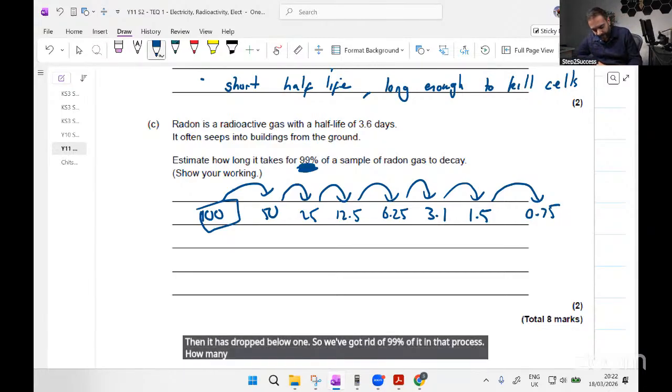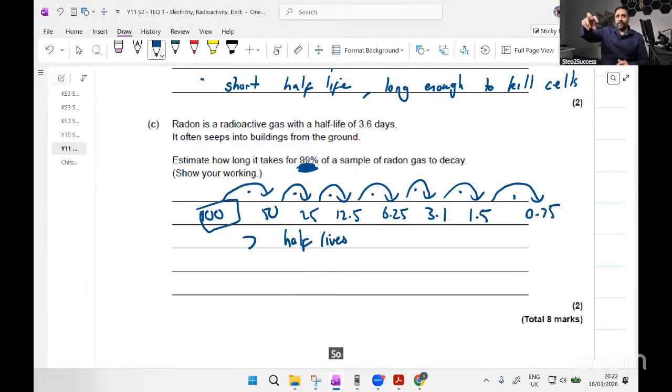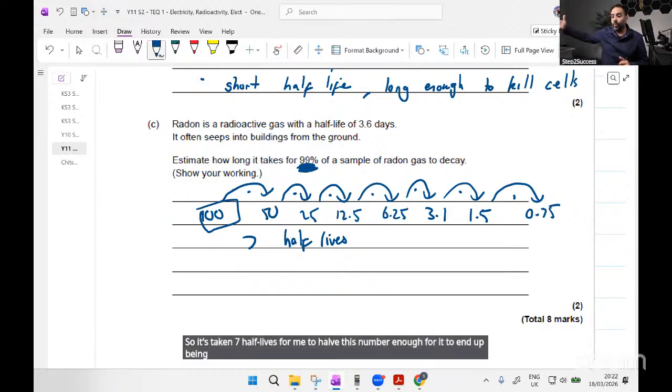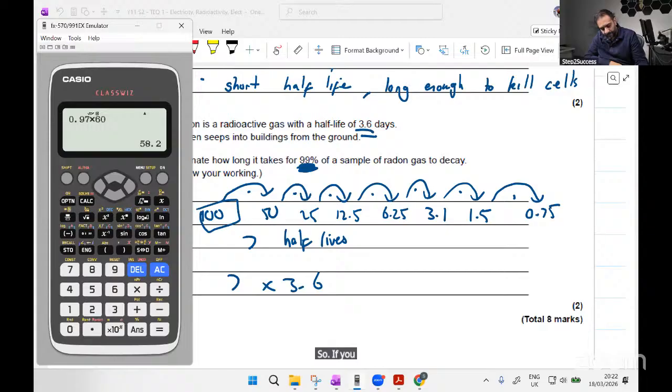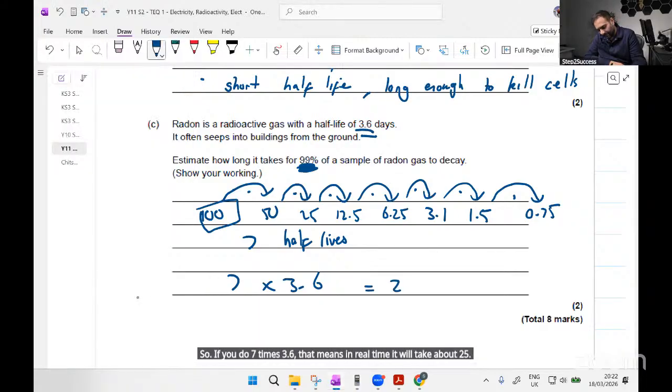How many jumps did I do there? 1, 2, 3, 4, 5, 6, 7. That's 7 half-lives. So it's taken 7 half-lives for this number to end up being less than 1% of what it started with. A half-life is 3.6 days, so 7 times 3.6 means in real time it will take about 25.2 days.